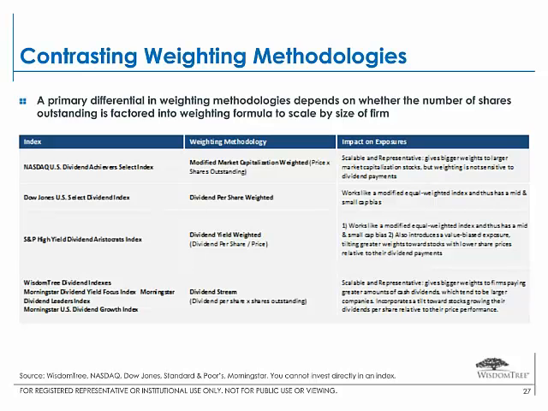There is some similarity between the Dow Jones US Select Dividend Index and the S&P High Yield Dividend Aristocrats Index, in that one is dividend per share weighted, one is dividend yield weighted, but both of those methodologies tend to sort of equalize the playing field and function somewhat like a modified equal weighted index, in that you wouldn't necessarily see your biggest weights in your biggest firms by market cap.